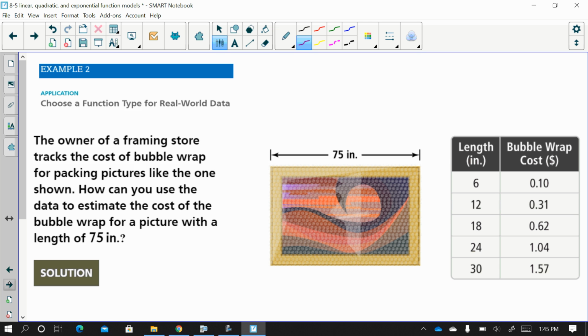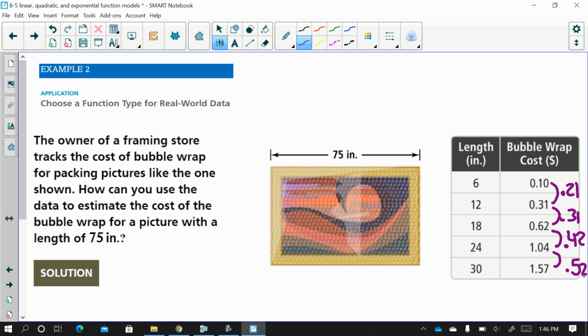So let's check out our first differences: 0.21, 0.31, 0.32, oh, I did that one wrong, about 0.42 and 0.52.